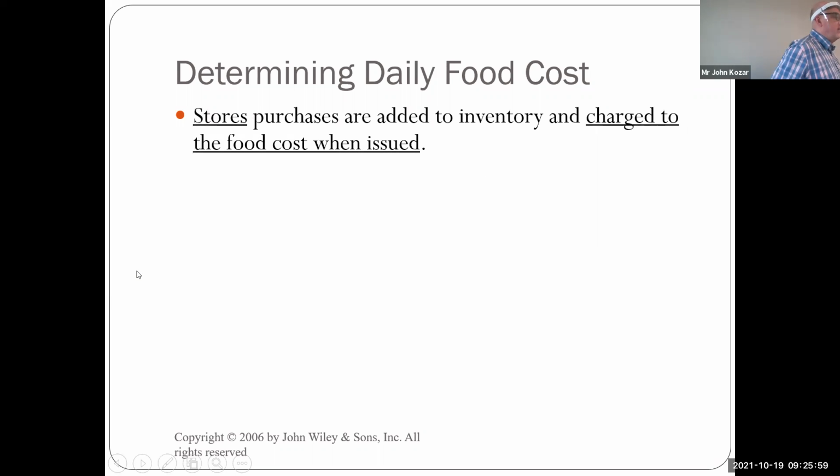So stores purchases, the ones that go into inventory, are added to daily food cost whenever they are issued from the storage facility to the kitchen. When the kitchen says, I need dinner rolls or I need sirloin steaks, they're going to do up a requisition, it'll be documented, and that cost is going to go onto the kitchen that day.